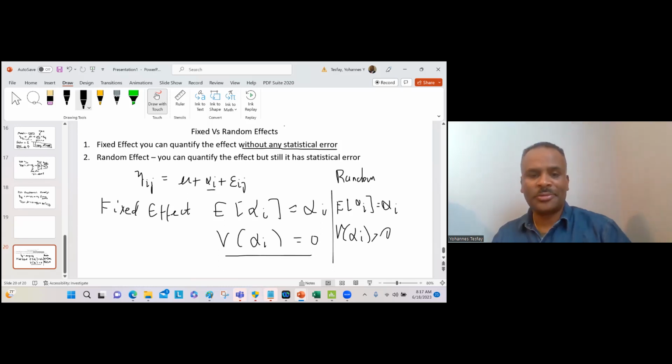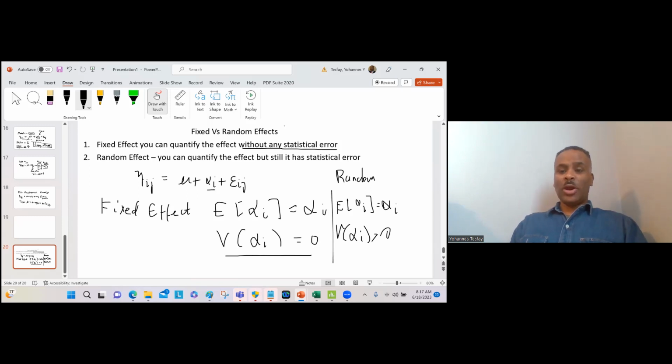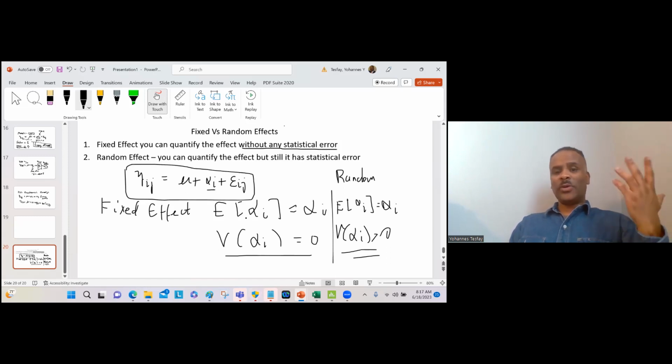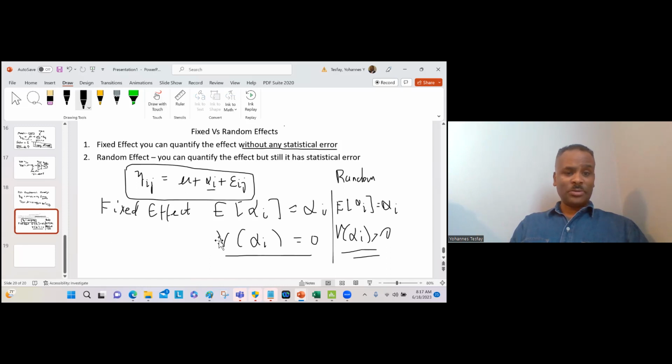It's not 0. So you still have variance here. The model specification here is the same, that's the model that we are going to analyze, just one way ANOVA or two way or whatever.